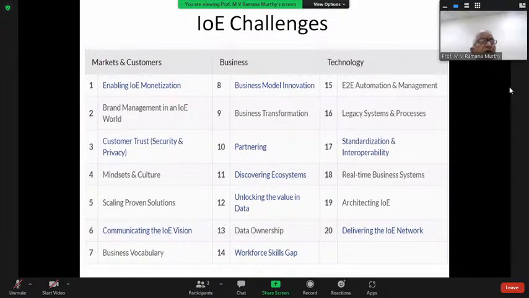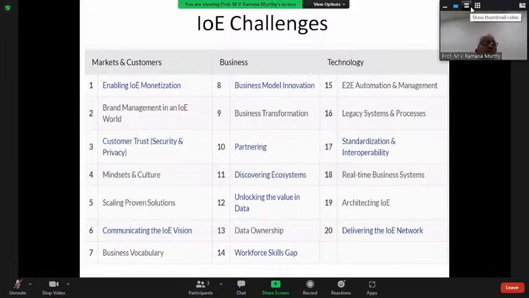For example, if you ask about marketing: how to enable IoE in monetization, and how it can be used in brand management in the IoE world; how a customer can trust this, and how to create that trust, and what type of security and privacy policies you are going to have; how you deal with mindset and culture; the scaling of proven solutions; and also, most important, the importance of communication regarding the IoE vision, and the business vocabulary that we are going to use.